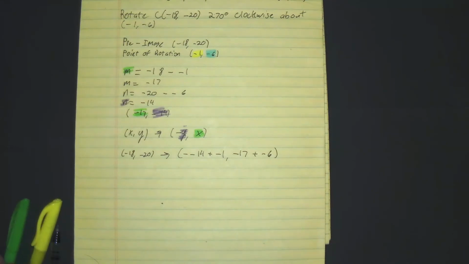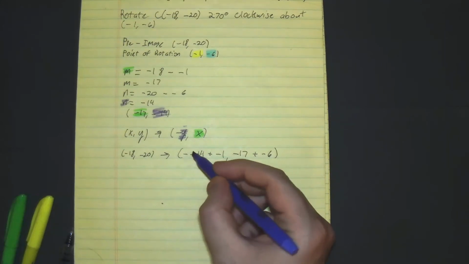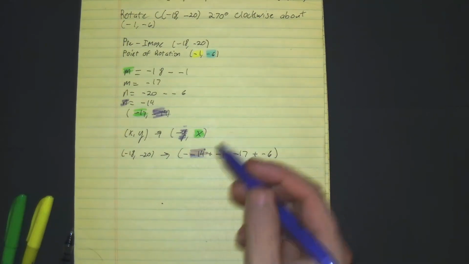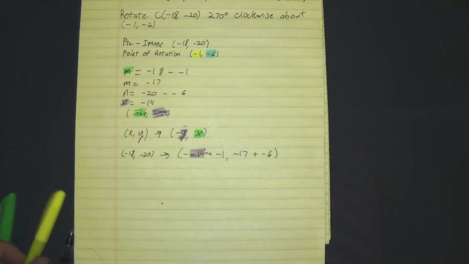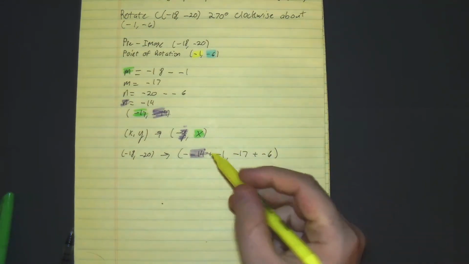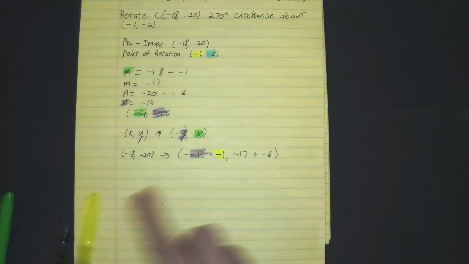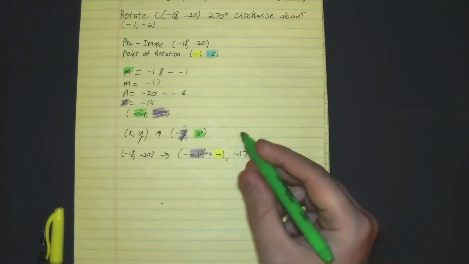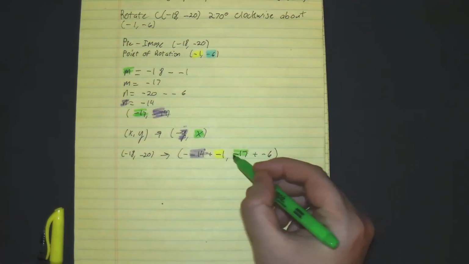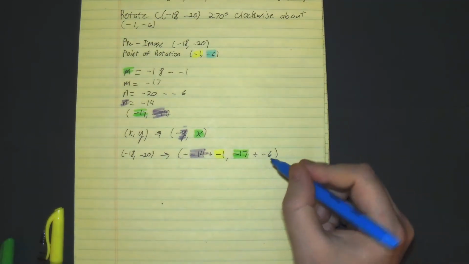So all I plugged in here, just to keep everything consistent, this negative 14 represents that n value. That negative 1 represents the point of rotation, so the distance from the origin. And then we have that negative 17, which represents the m value, the difference. Then we have negative 6.